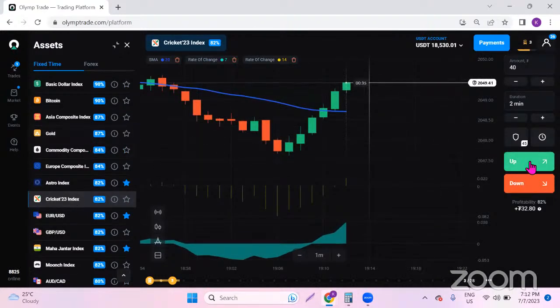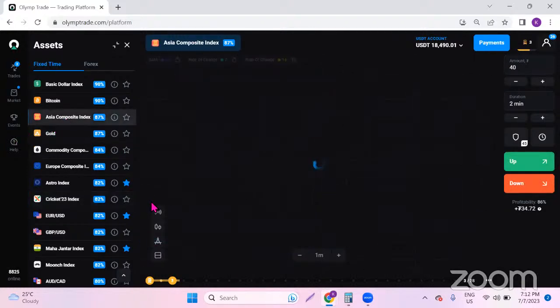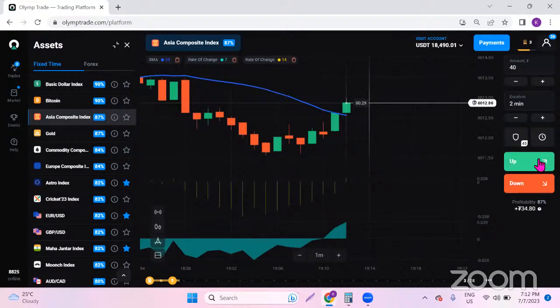Asia composite up. Okay, let me check Asia composite. Yes, in the next candle we will. Thank you, Mr. Prince Sharma. So let's just remove these assets from our favorites.